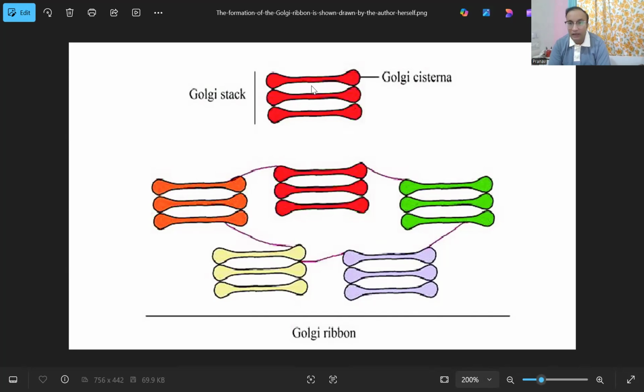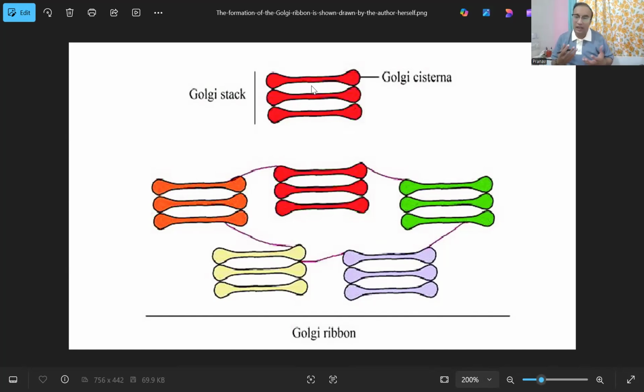Now this Golgi ribbon is formed when the cell is not dividing. But it is going to undergo deassembly when the cell prepares to divide. In which phase of the cell cycle does the deassembly of Golgi ribbon take place? G2. We know that the cell cycle progresses from G1 to S to G2. So in G2, the Golgi ribbon dissociates or undergoes deassembly. Why?